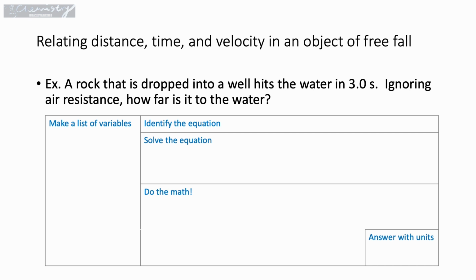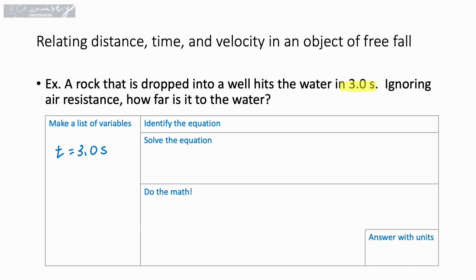In this case, it says that a rock that is dropped into a well hits the water in 3.0 seconds. Ignoring the air resistance, how far is it to the water? So first thing, we'll again start by making a list of what we know. The time is 3.0 seconds.